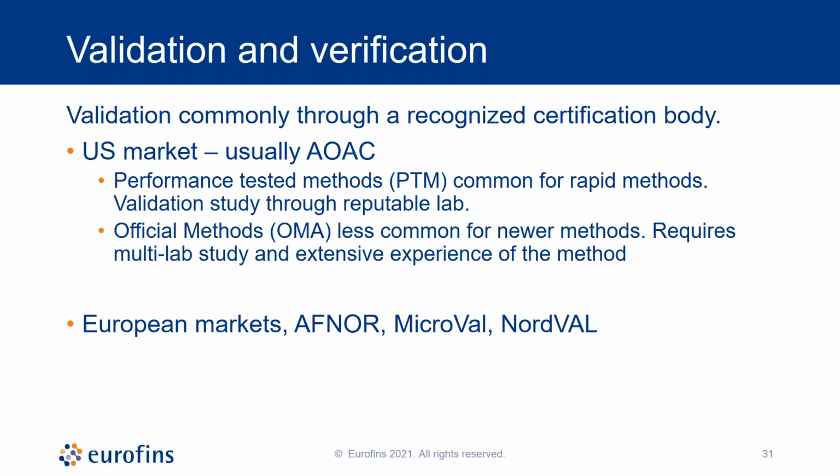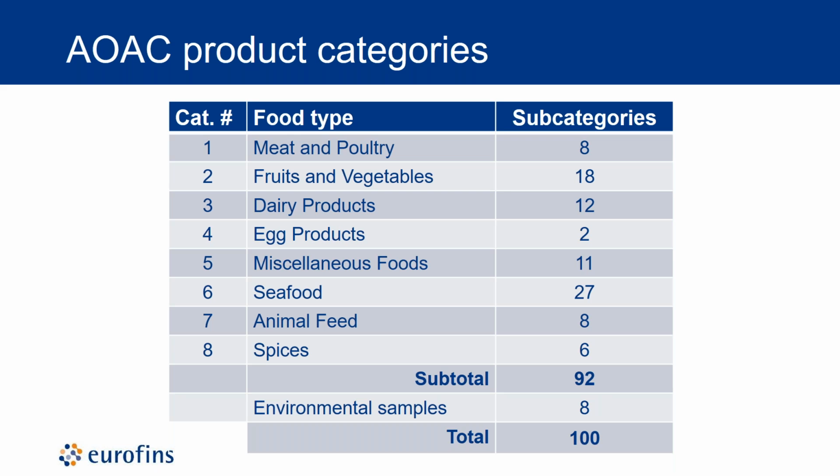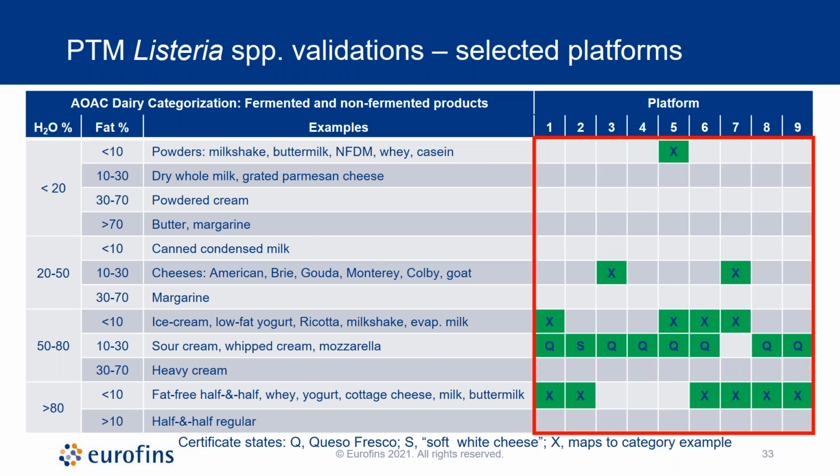Next slide, please. The process that AOAC uses breaks up foods into 8 different categories and a separate category of environmental samples. And then within each category, there are multiple subcategories based in the food space, for example, on pH, water activity, things like that. Next slide, please. So methods will be validated against those food categories, but when you get to a layer of detail below the category, we find things may not be as complete as we would hope, perhaps.